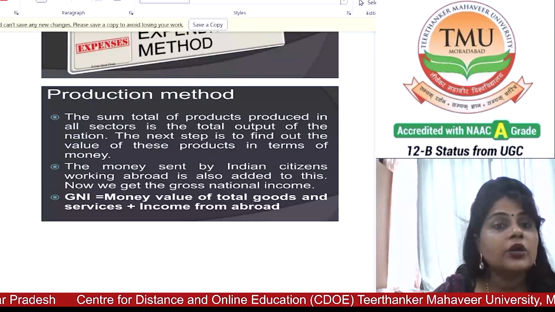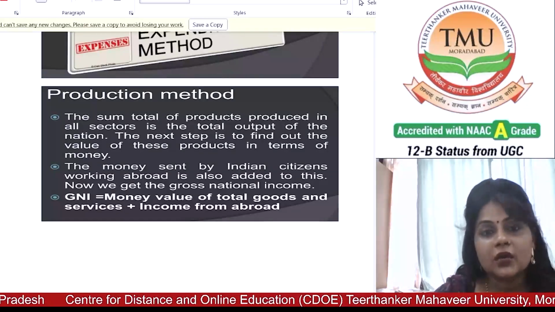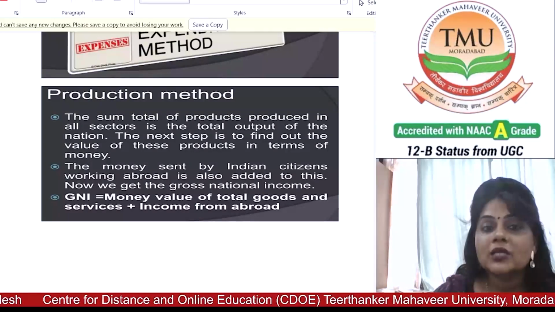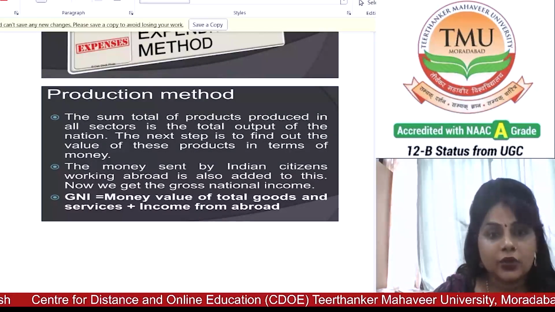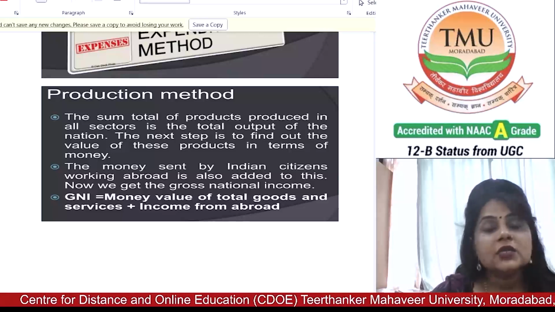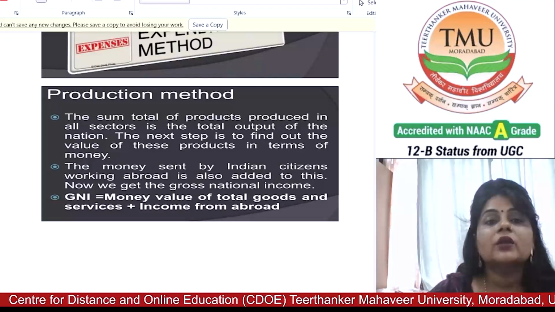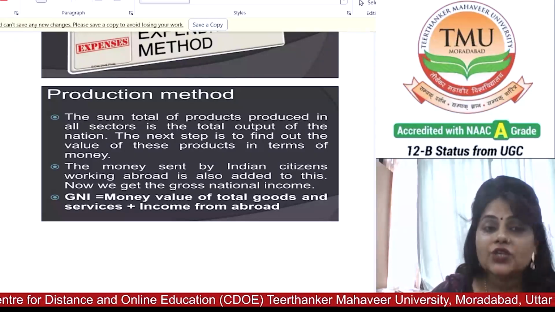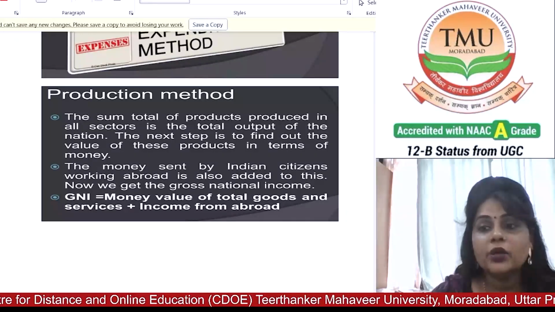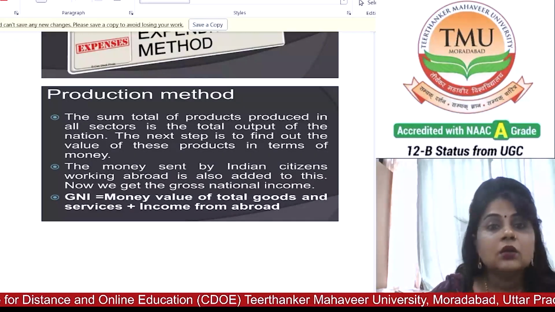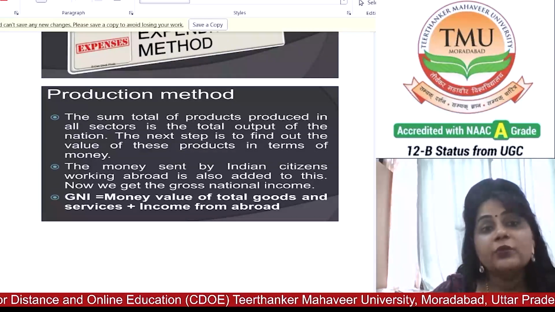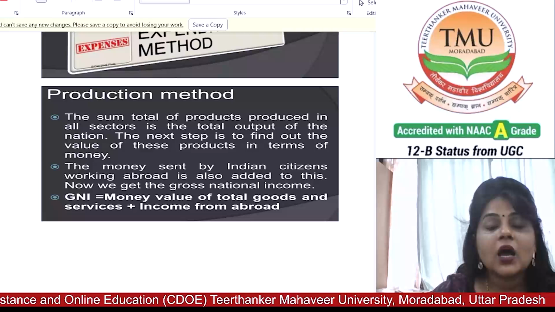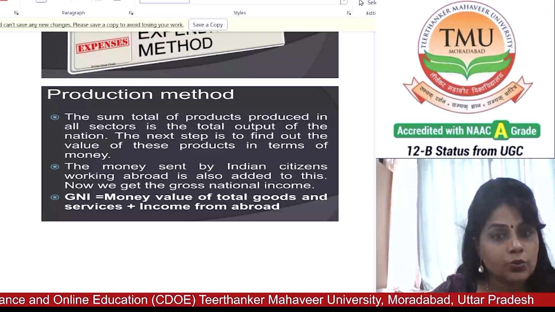When the whole output is sold in the financial year, the value of output will be equal to the total sales of the output. Value of output is equal to sales. When the whole output is not sold in the financial year, then the value of output will be equal to the sum of sold output and the unsold stock of output.